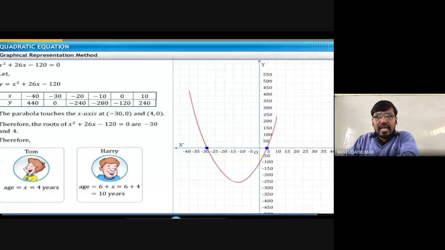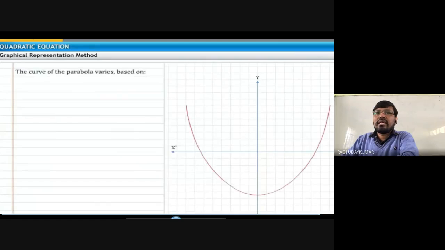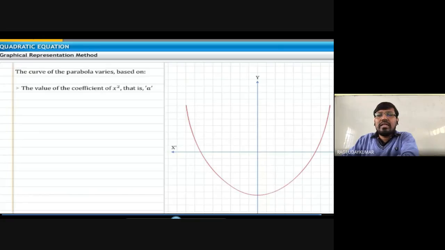So where it is touching the x-axis, those points are taken as the solution of the quadratic equation. Did you understand? The curve of the parabola varies depending upon the coefficient of x square and the discriminant b square minus 4ac.